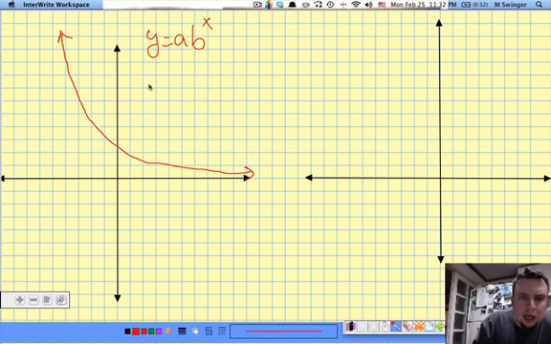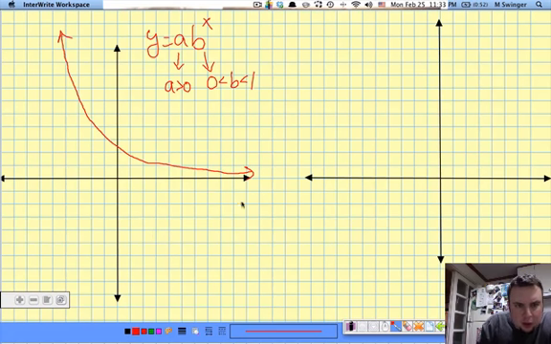What tells you it's a decay? If a is greater than 0 and b is between 1 and 0. So if b is 1/2, 2/3, you guys get the picture, right? An example of this, I could just make one up here.